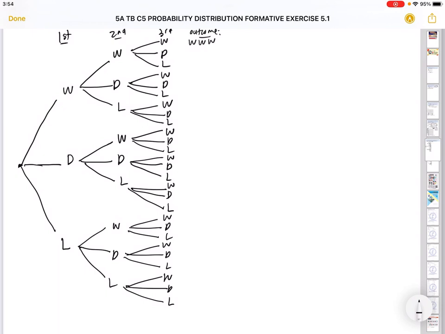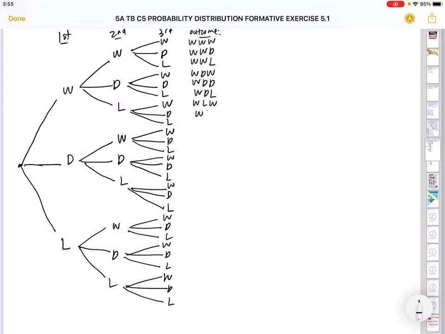So second one is win, win, draw. Win, win, lose. Win, draw, win. Win, draw, draw. Win, draw, lose. Win, lose, win. Win, lose, draw.